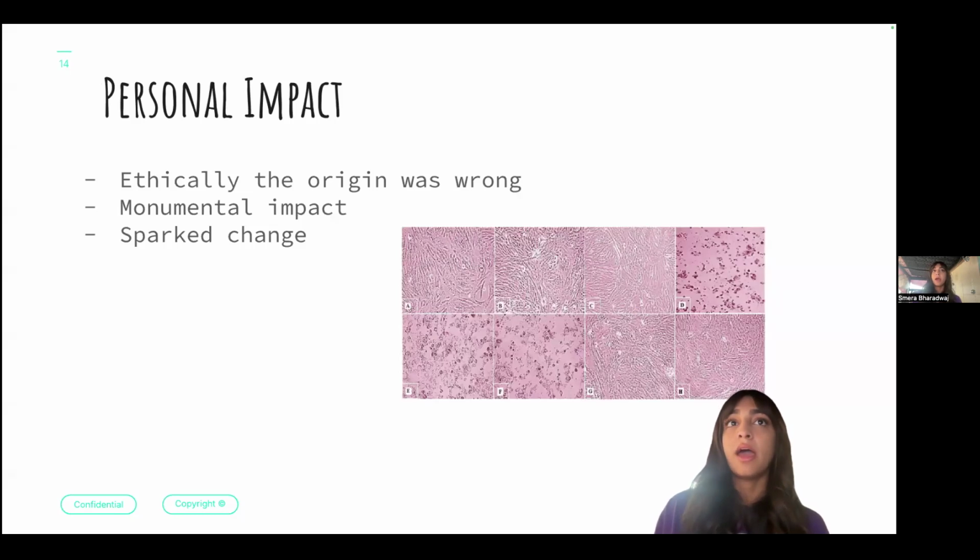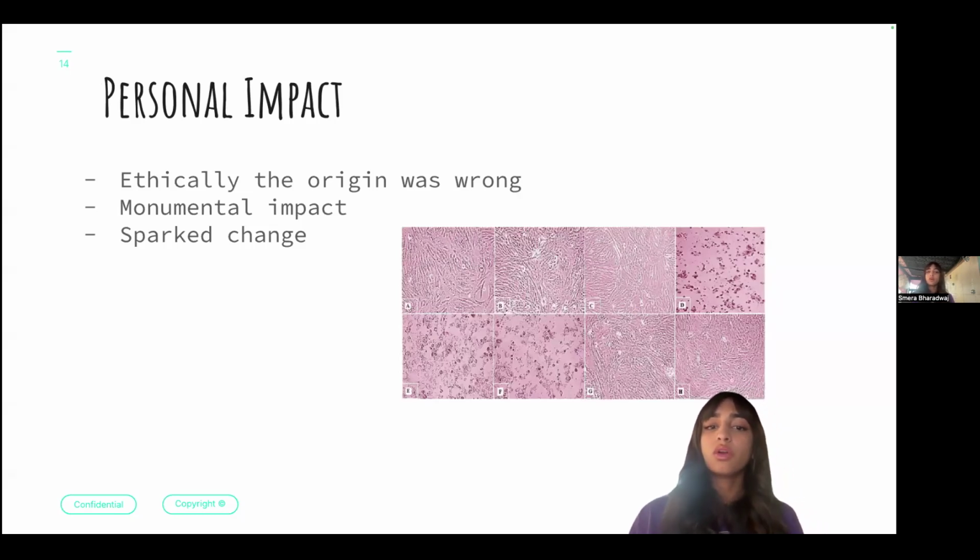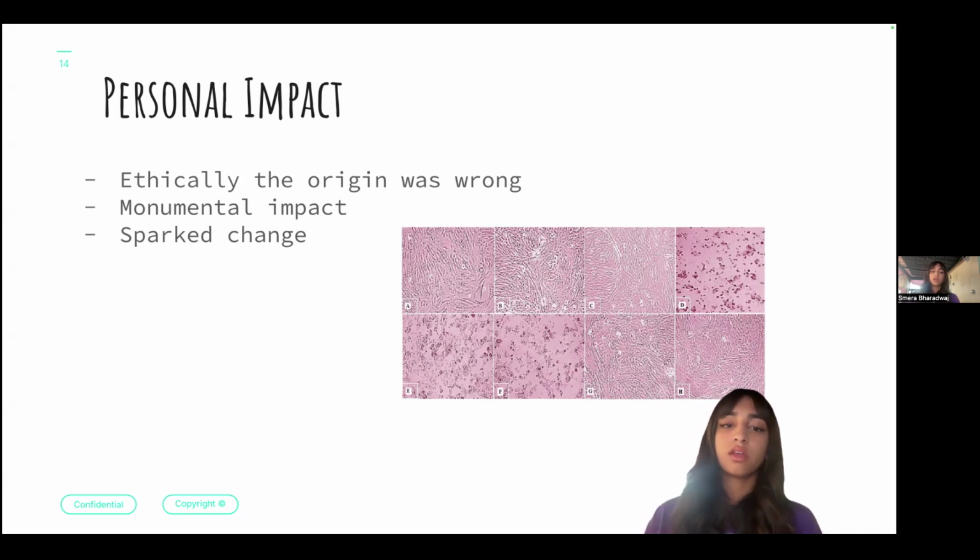My personal impact. The personal impact is that ethically, I believe that the origin of these cells was sourced wrong, and if it was just acquired with informed consent of the mother, the cells' use would be much more justified, especially when the results can save generations.